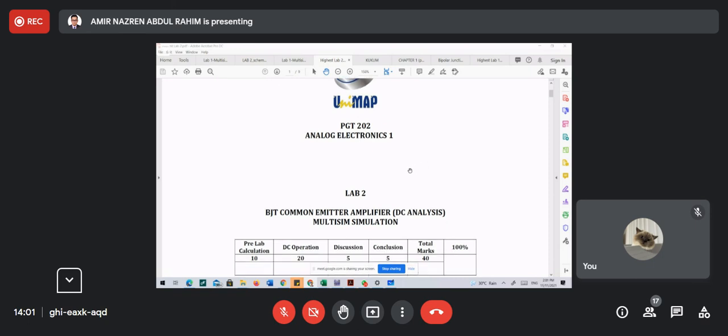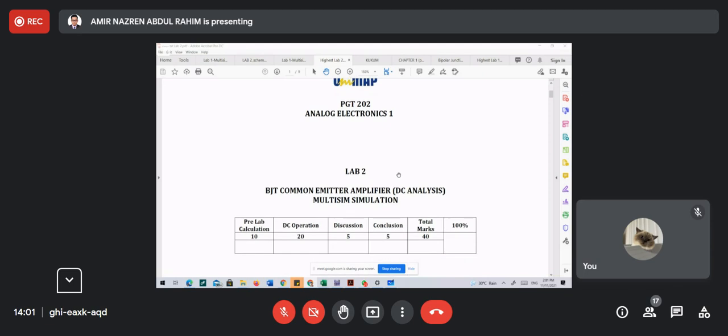So today there are some sections here that we need to accomplish. First, we have the pre-lab calculations, which means that we do a calculation before we proceed with this lab. And we have DC operation, which means that we do a measurement on the DC circuit.